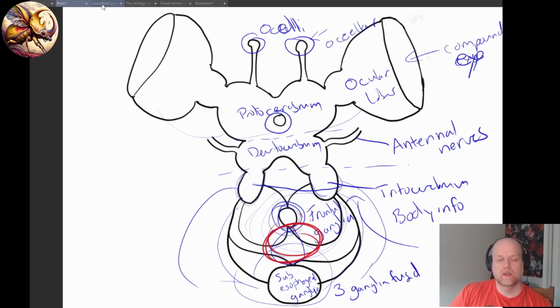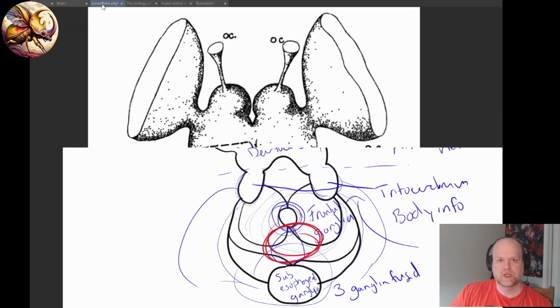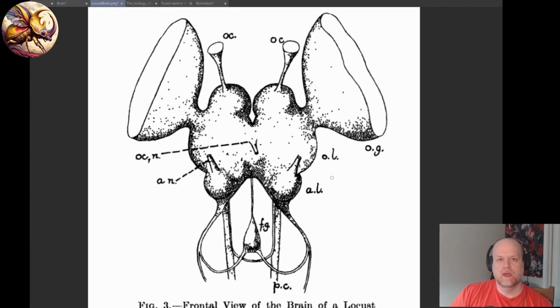If we wanted to look at an old drawing of a more specific structure, this would be the more specific drawing of the brain of a locust. So this is a type of grasshopper. So you have the ocular lobes here. This whole area here would be the protocerebrum.